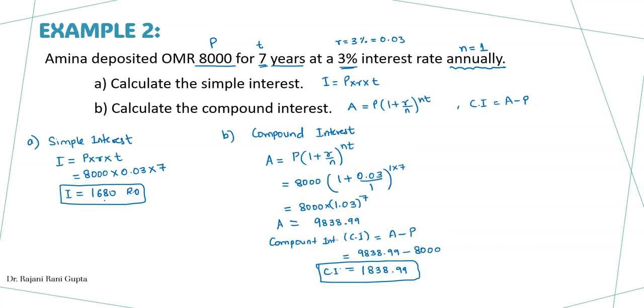The reason is obvious, because simple interest is calculated only on the principal amount, whereas compound interest is calculated on the principal amount as well as the interest accumulated every year. So if they ask you to compare, you can write that compound interest is higher than the simple interest.